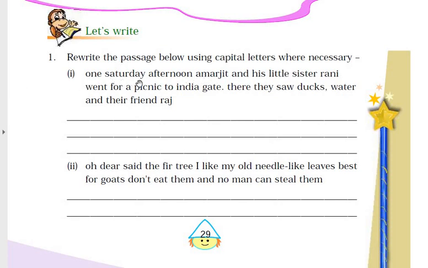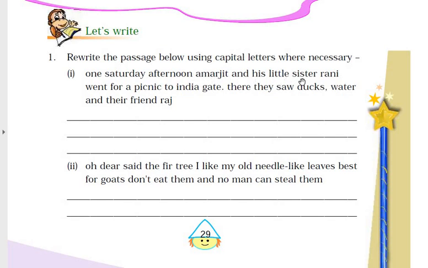So one Saturday, O should be capital here. Then Saturday, name of the day, S should be capital. Afternoon, Amarjeet, see this is the name here, so A should be capitalized, right?